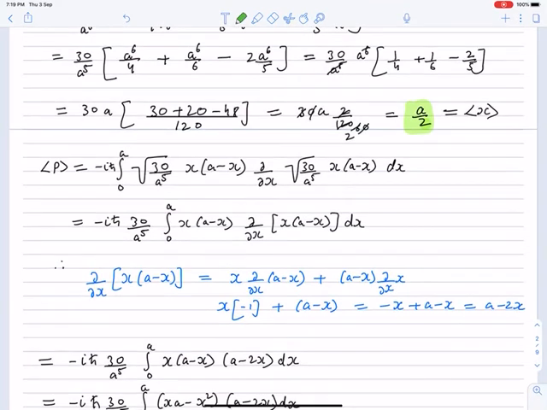Now when we have to calculate momentum, in entrance exams you can directly put it as 0, because the expectation value of momentum for a real wave function is always 0.